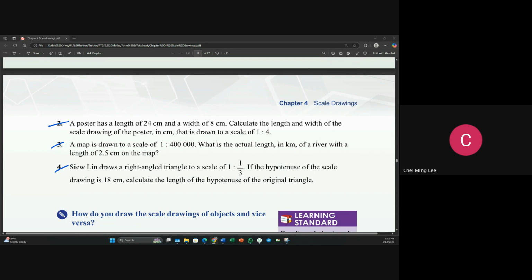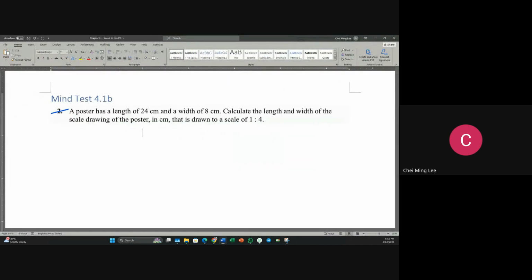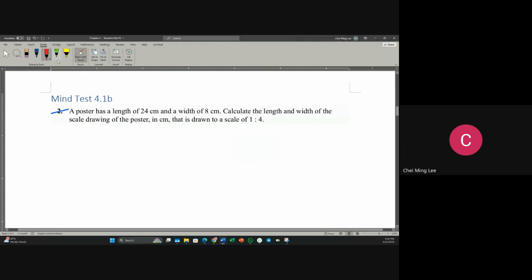Done? All right, so let's discuss. A poster has a length of 24 cm and a width of 8 cm. Calculate the length and width of the scale drawing of the poster. We know that the scale is 1 to 4, so it's 1 over 4.